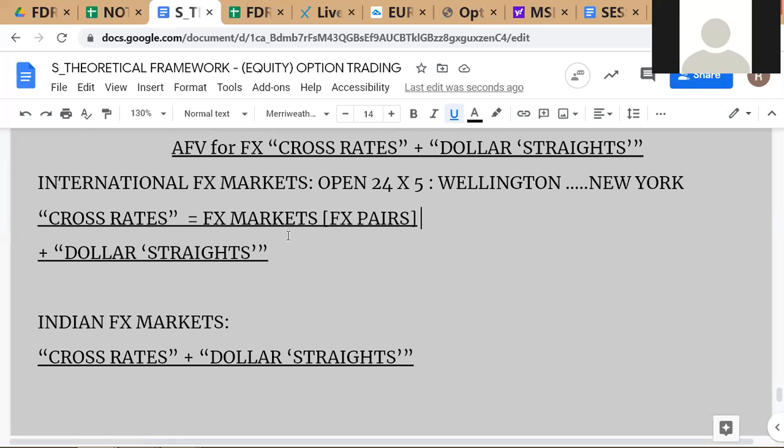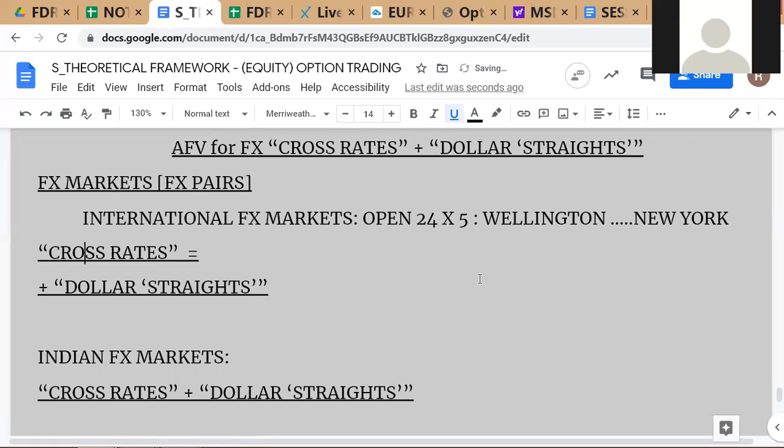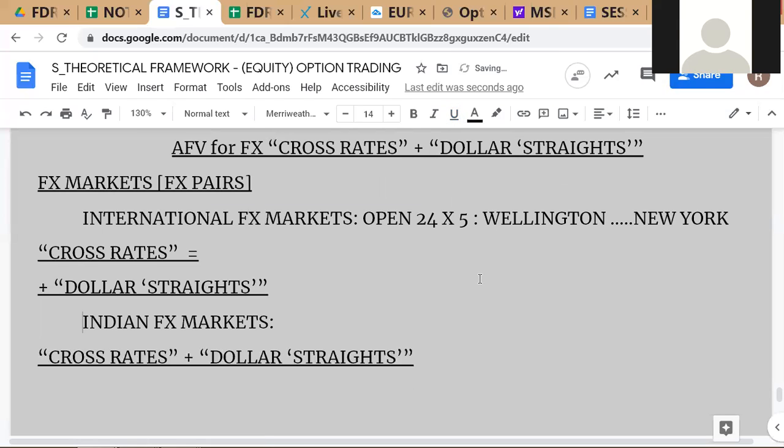So FX markets can be of two types. You can have international FX markets, and then you can have Indian FX markets, and in both markets you'll have a definition of cross rates and dollar trades.